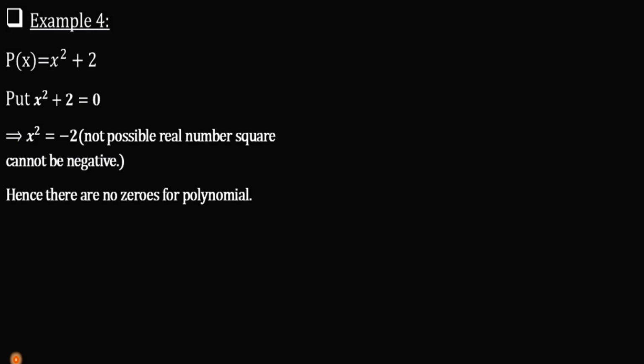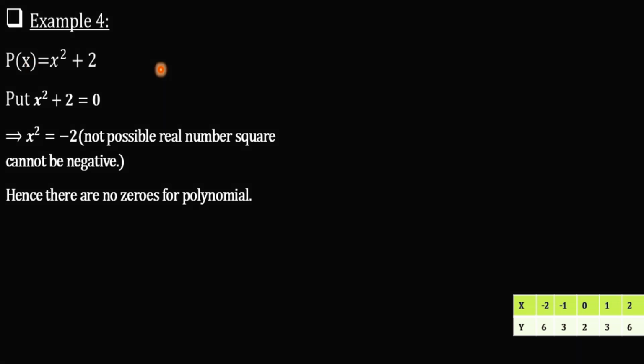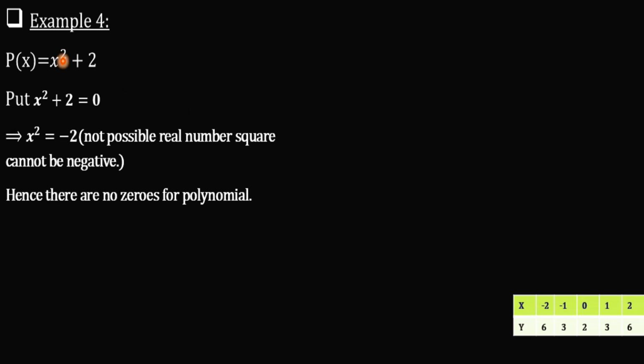Now we can plot the graph. P of x: for x equal to -2, y is 6, that is -2 square plus 2, that is 6.